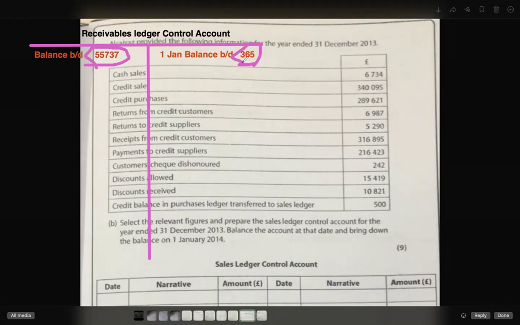After 3 days, Shion paid you 1,000 taka. And then after 1 day, Shion returned goods costing 200 taka to you. So now you have to pay this 200 taka to Shion. Unless you pay, this is a credit balance, right? Did you understand?